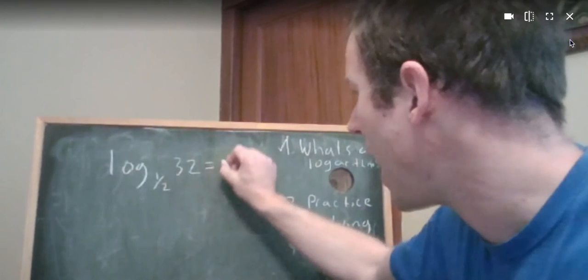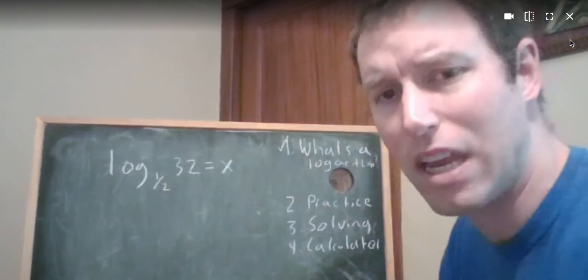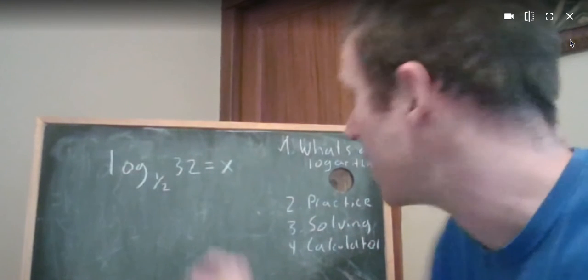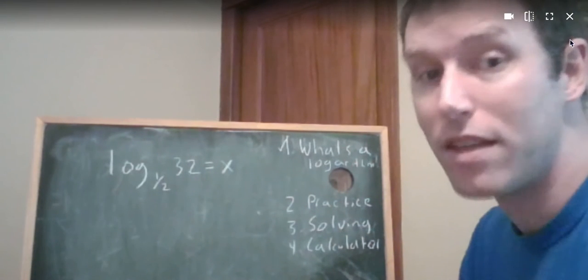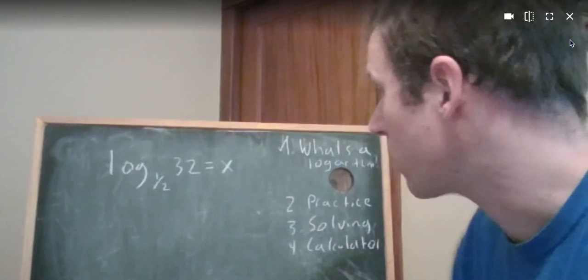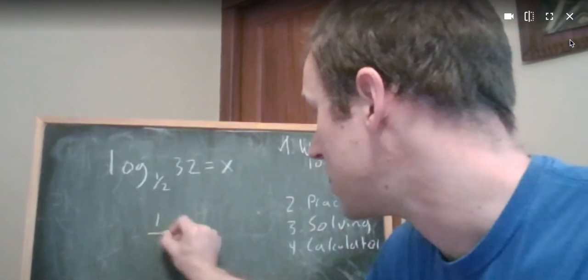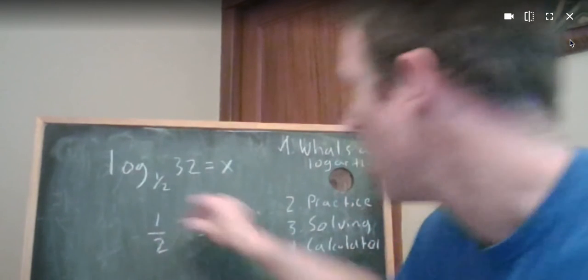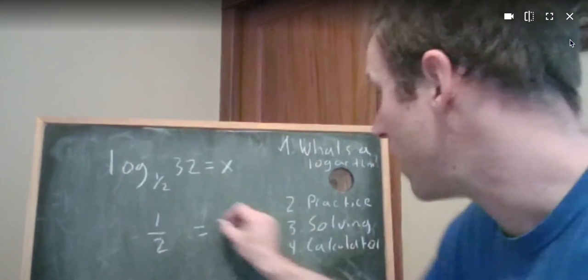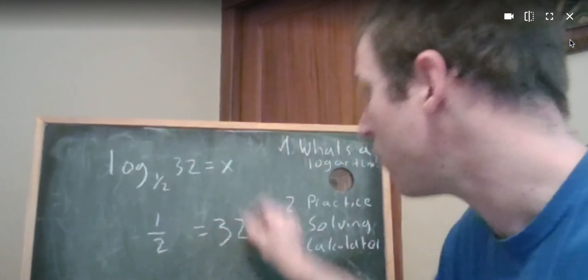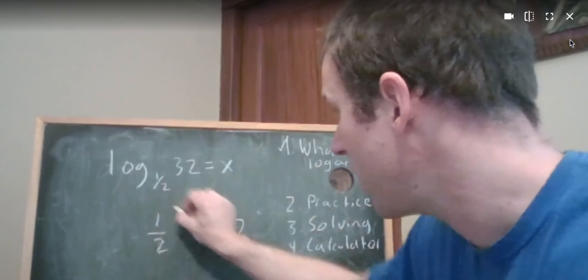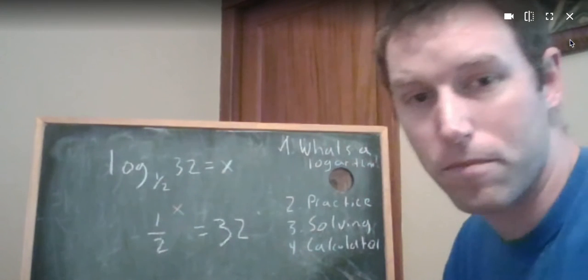I might say, hey, let's pretend it had said equals x. Then to rewrite this exponentially, good practice: the base stays the base. The number that used to be paired with it is now by itself. The number that used to be by itself is now over here.